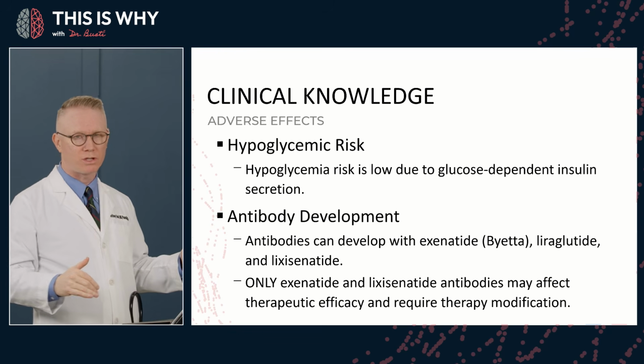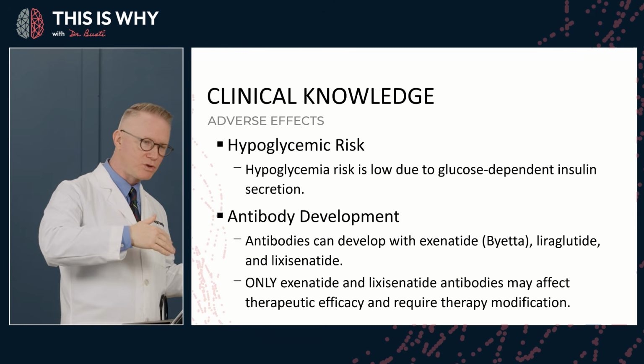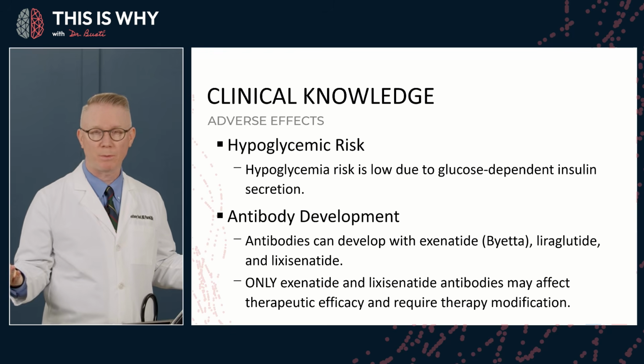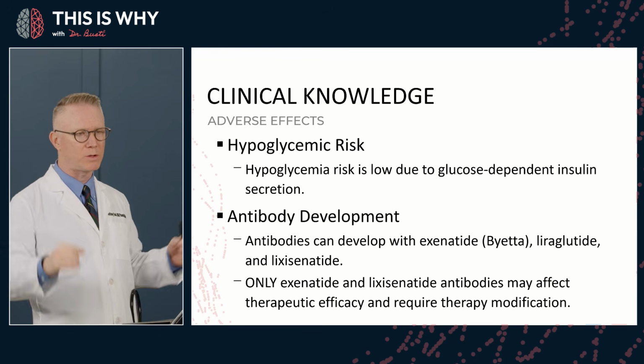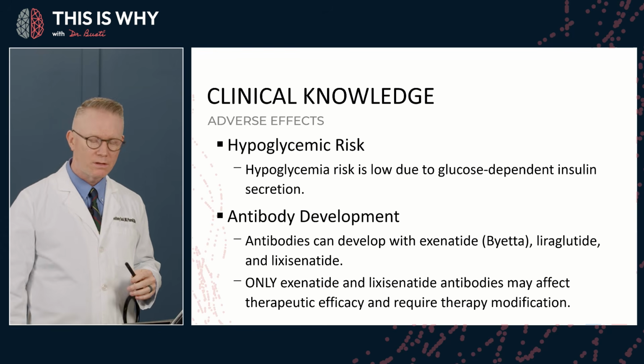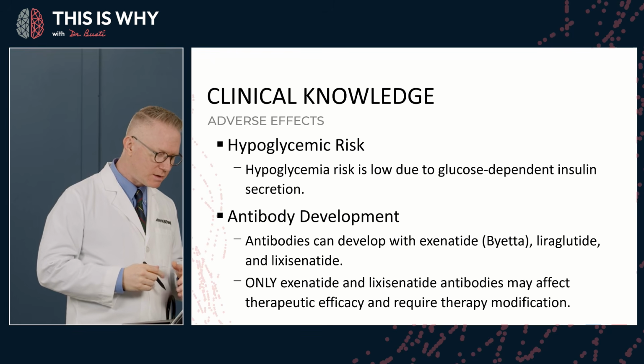So you may need to reduce the dose of insulin or some other secretagogue, like we would see with liraglutide in patients with type 1 or type 2 diabetes who want tight control of their postprandial glucose levels. That's where it becomes relevant.